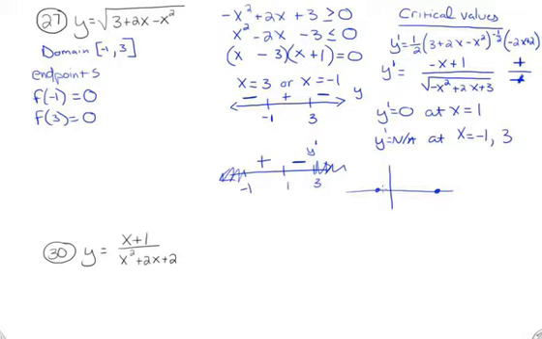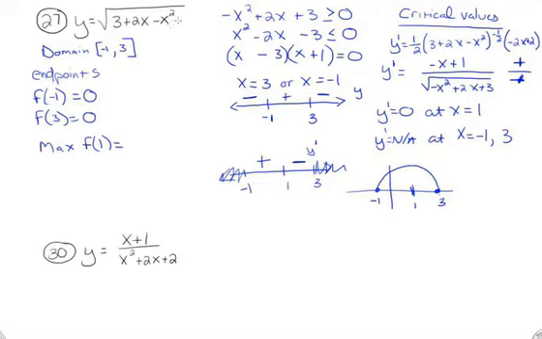So what does this tell me? It tells me I leave -1 with a positive slope. By the time I hit a value of 1, my slope is 0, and then I head back down to the value of 0 at 3. And so what I know is I have, in fact, a maximum value of whatever f of 1 is.